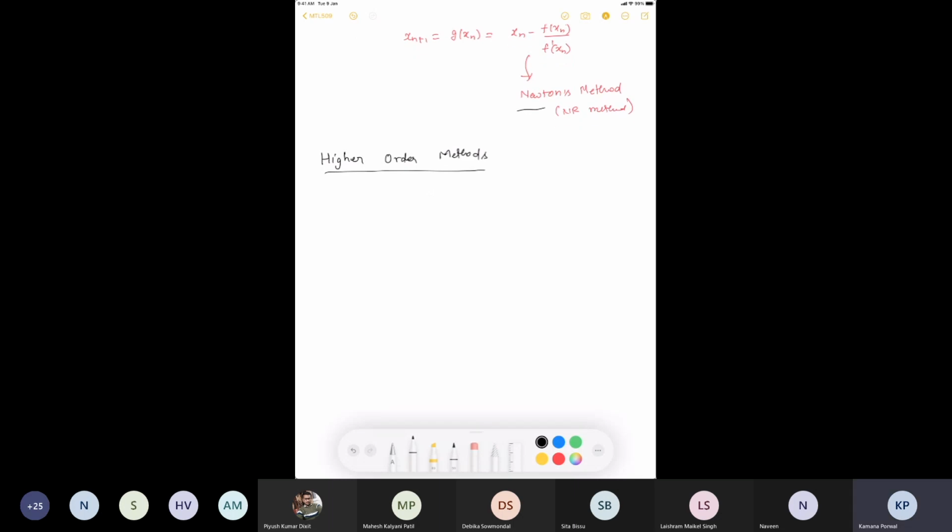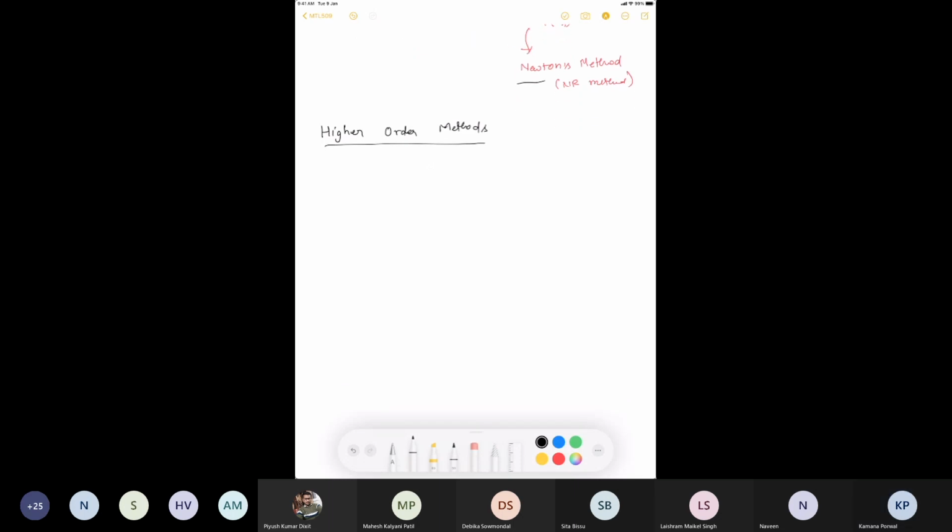So again, we are discussing a one-point iteration method. This I'm going to state as a theorem. So this is Theorem 3.